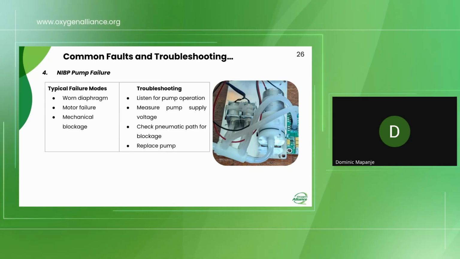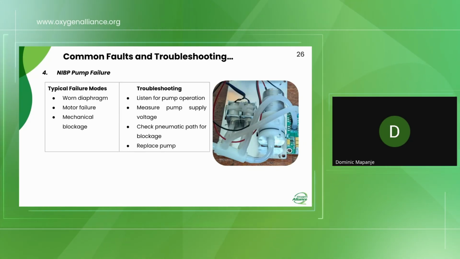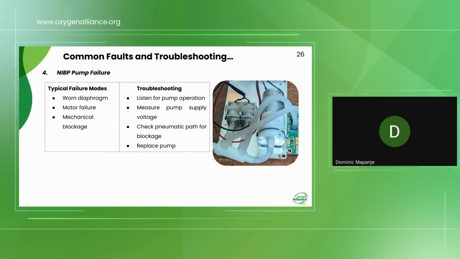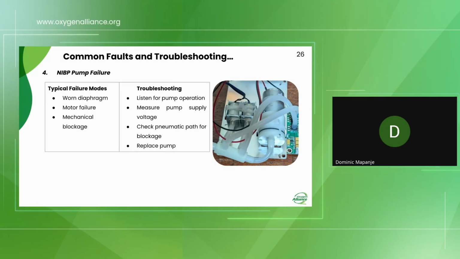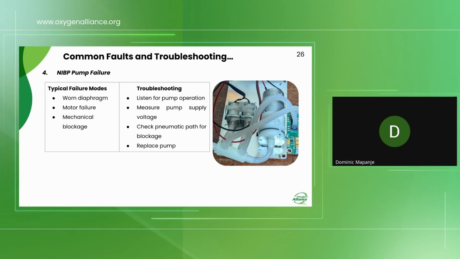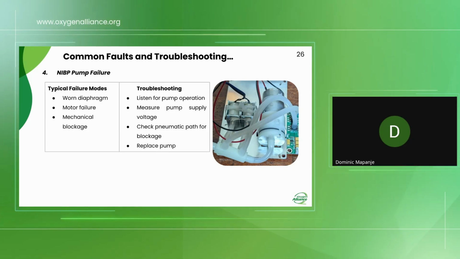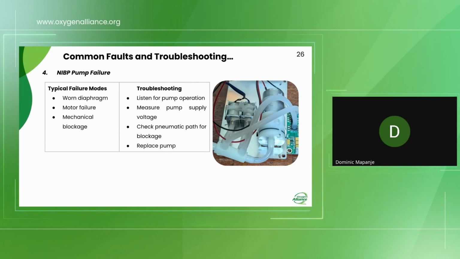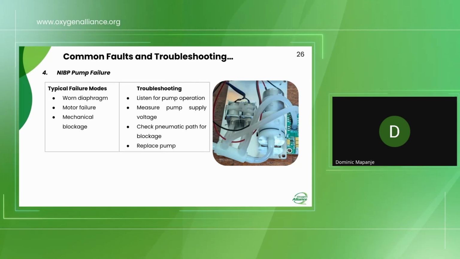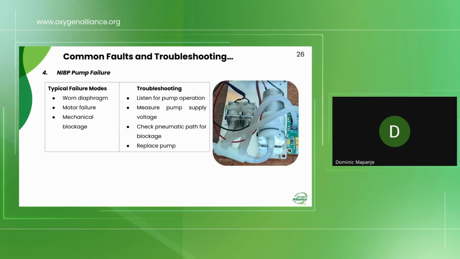Another common fault in the NIBP system is pump failure. I think this is also common. Yes, it is very common. We do find it in the hospitals. This can be caused by the diaphragm pump's diaphragm itself being worn out. It can be motor failure, where the motor is not working anymore, so it's not pumping.